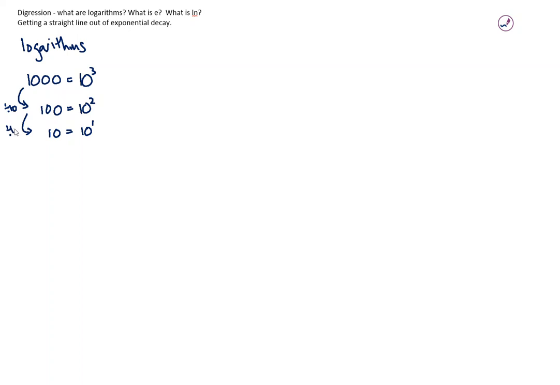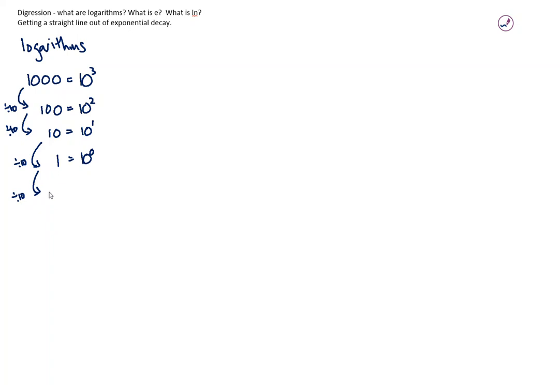Here we're dividing by 10. If we divide by 10 again, we get to 1. And can you see here the exponent is going down from 3 to 2, 2 to 1, 1 to 0.